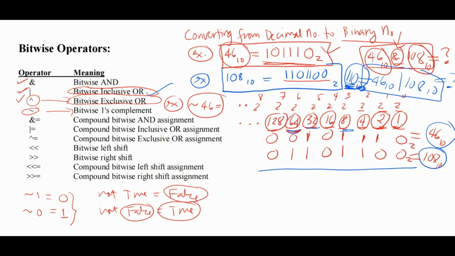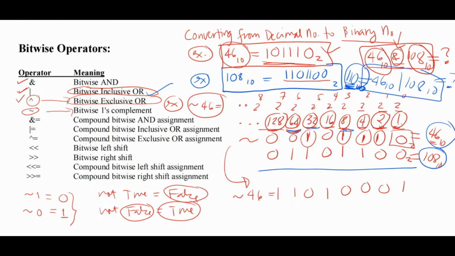Now, the binary equivalent of the decimal number 46, as an 8-bit binary number, is 00101110. If we put the bitwise ones complement there, the not 46 becomes 1, 1, 0, 1, 0, 0, 0, and the last one, 0, becomes 1.